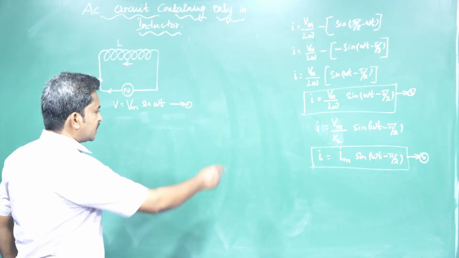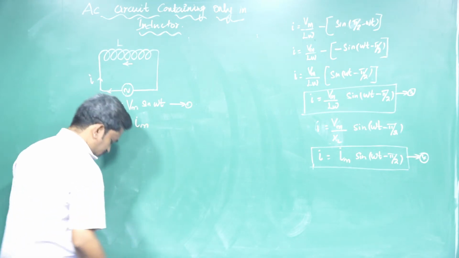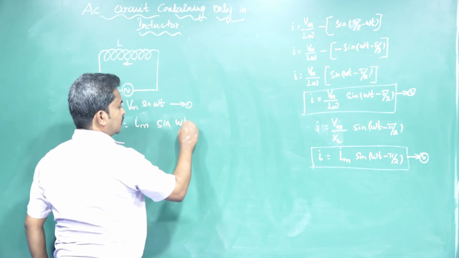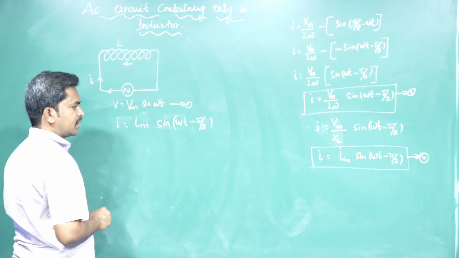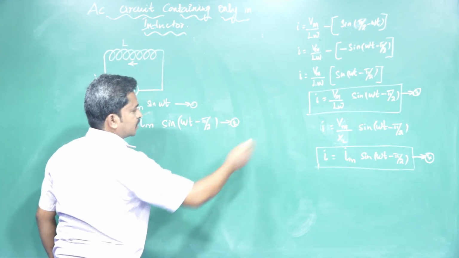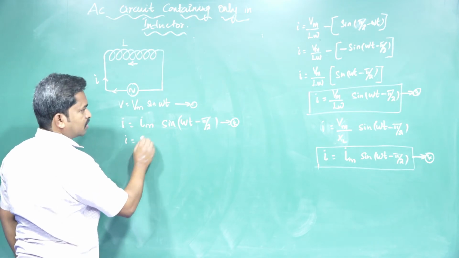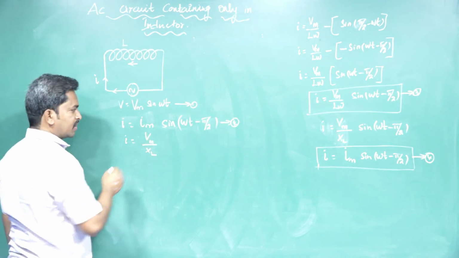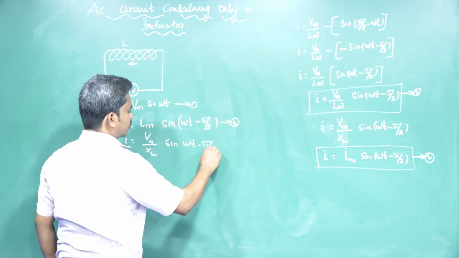And next one is I is equal to Im sin (omega t minus pi by 2). This is equation number 4. So Im is equal to Vm divided by XL, and I is equal to Vm divided by XL sin (omega t minus pi by 2).